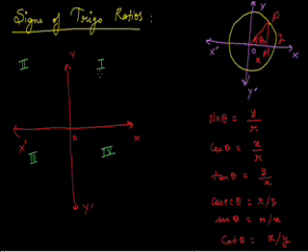Now in the first quadrant we are going in the right direction of y-axis and above x-axis, so x is positive and y is also positive. In all the trigonometric ratios, r is a positive quantity because it represents the radius of the circle, so we need to consider only x and y. Since x and y both are positive, all the trigonometric ratios are going to give you positive values. So in the first quadrant, all trigonometric ratios are positive.